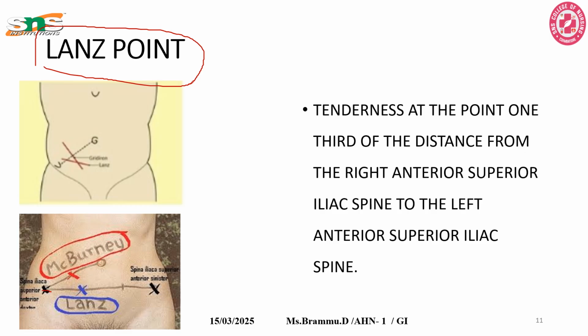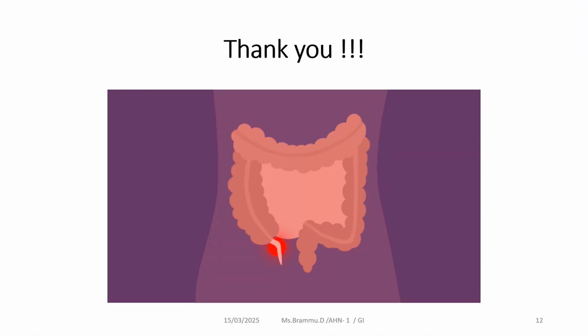Here there is a marking with the anterior superior iliac spine on the right as well as on the left. Very close to the McBurney's point, toward the lower end, you have the Lanz point, where the patient is having severe pain in case of appendicitis.